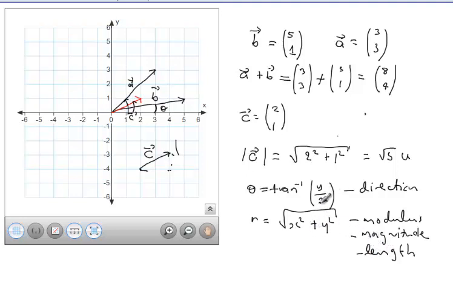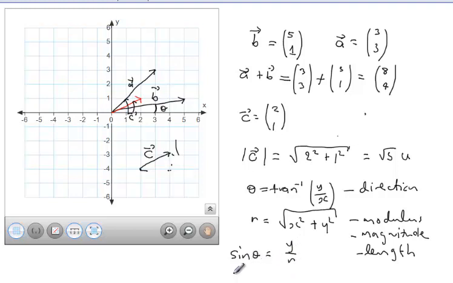Again here, you are able to see that sine of theta is equal to y over r, which is the modulus of the vector.